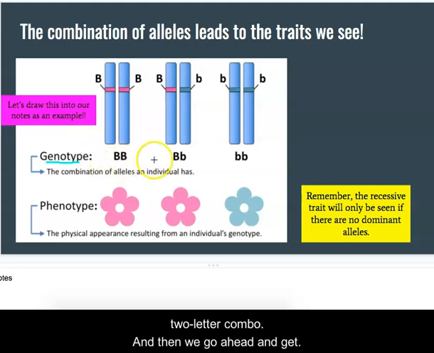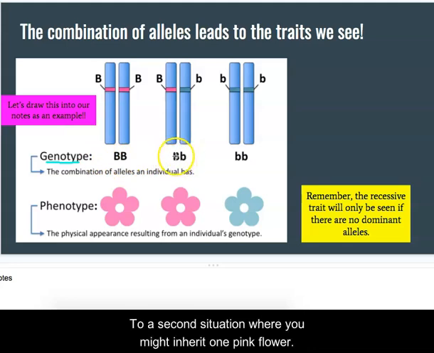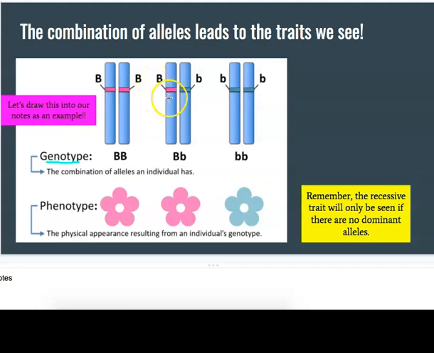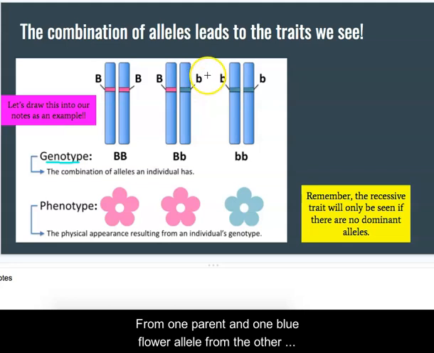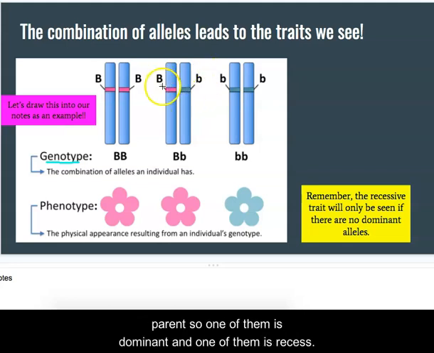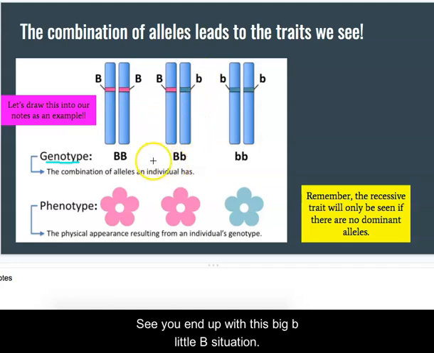And then we get to a second situation where you might inherit one pink flower allele from one parent and one blue flower allele from the other parent. So one of them is dominant and one of them is recessive. So you end up with this big B, little b situation.